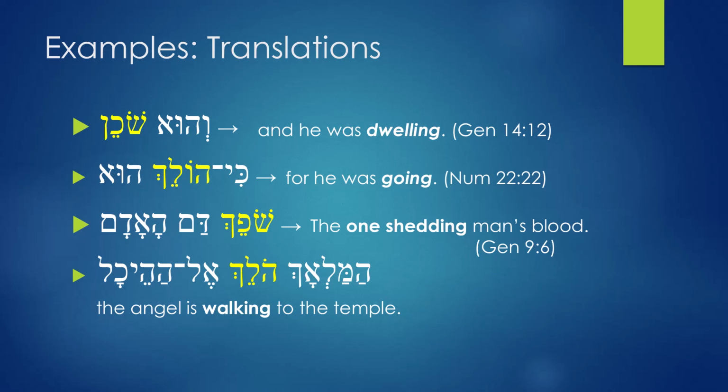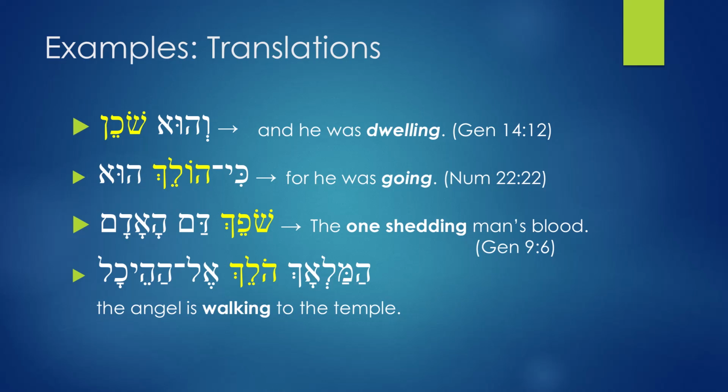Example number 1, you have Wehu shochen. How to translate that? Now you have the active participle, shochen. Shochen is active because you can tell from the form, it has holem tzere. So that's pointing to an active participle.